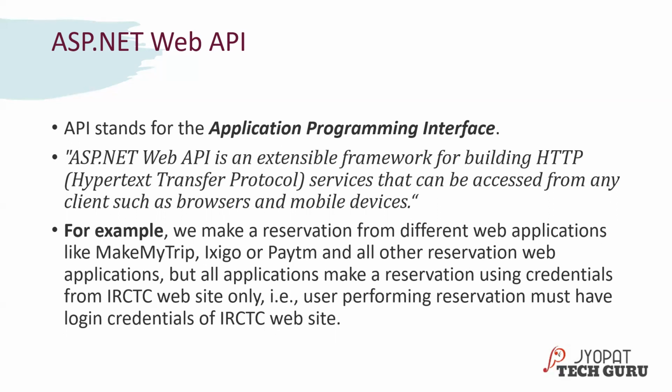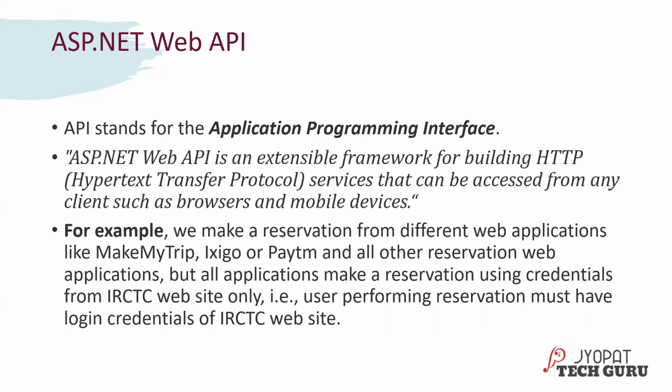This is going to give, first of all, the request from the browser and it is going to get the response from the server. So we make a reservation from different web applications like MakeMyTrip, Redbus, Ixigo, or Paytm, and all other reservation web applications. But all applications make a reservation using credentials from the IRCTC website only.